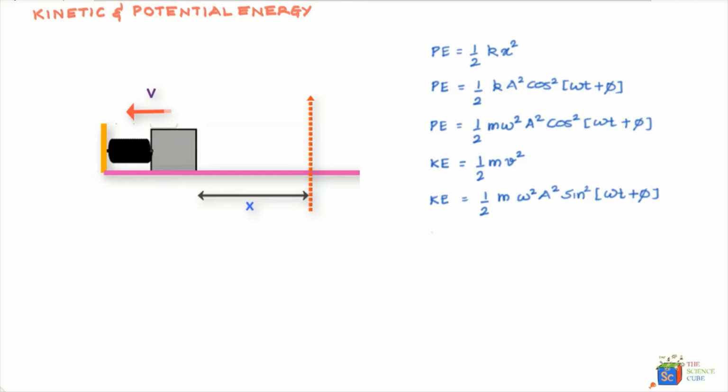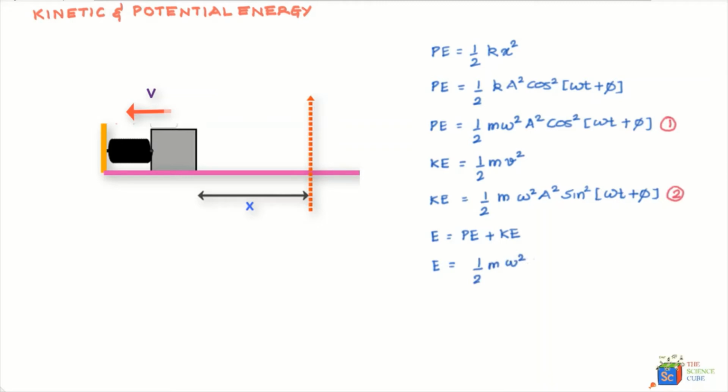As we know, energy is equal to the sum of all the energy, so we write energy is equal to potential energy plus kinetic energy. Potential energy is our equation 1 and the value of kinetic energy is our equation 2.